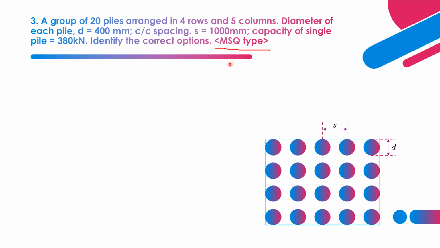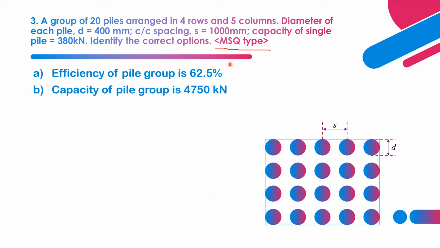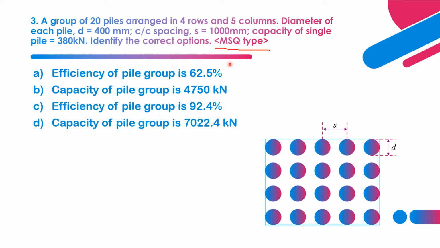Identify the correct options. So we have to calculate some things and identify the options. What are the things? We have to calculate efficiency and we have to calculate the capacity. So among these four options, exactly two options are correct. One efficiency is correct, one capacity is correct. So this is an MSQ type, multiple select question.